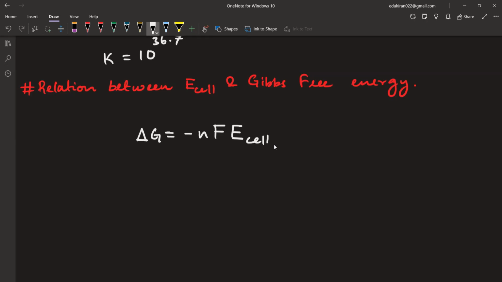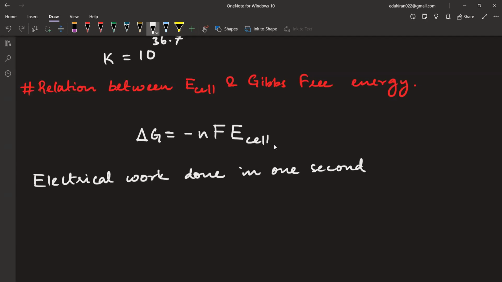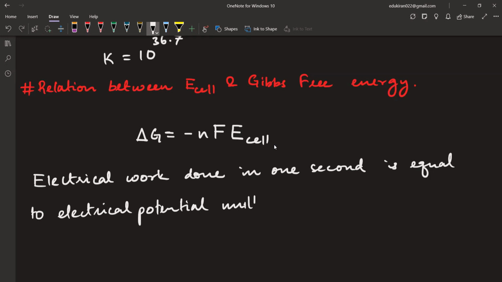So please write here. Electrical work done in 1 second is equal to electrical potential multiplied by total charge.